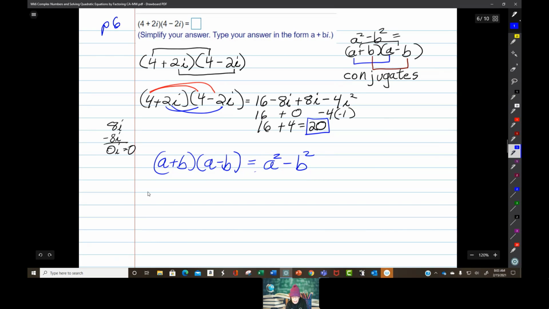If we had done it this way, we would have had 4 plus 2i times 4 minus 2i. These are conjugates, so we can do the following: 4 squared minus the second term squared.